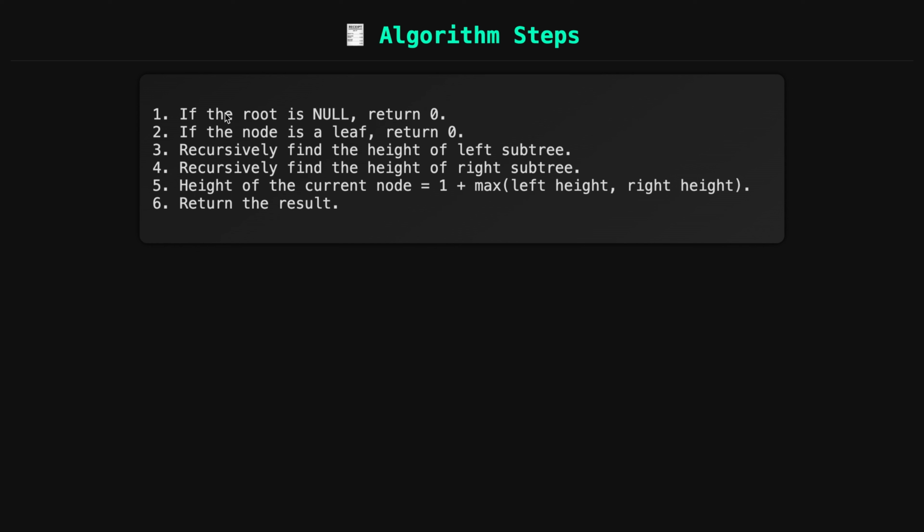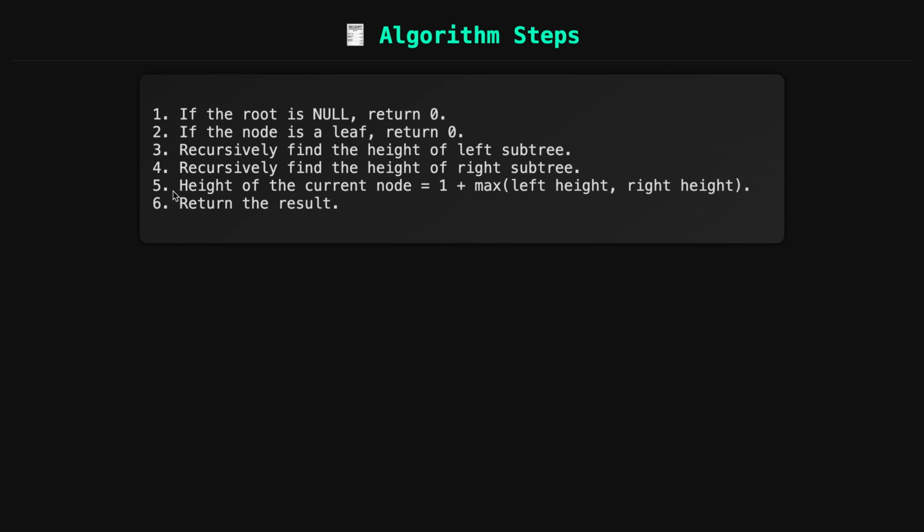First of all, we check if the current node is null or not. If the current node is null, then we simply return 0, as there are simply no edges for us to count. Else, if the node is a leaf node, in that case also we return 0. Otherwise, we recursively compute the height of the left subtree, then we compute the height of the right subtree, and then we take the maximum of the two heights.